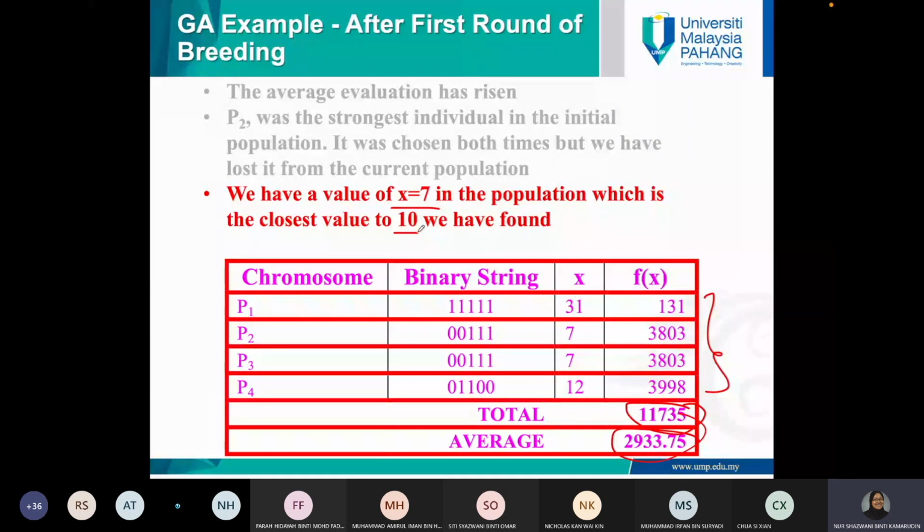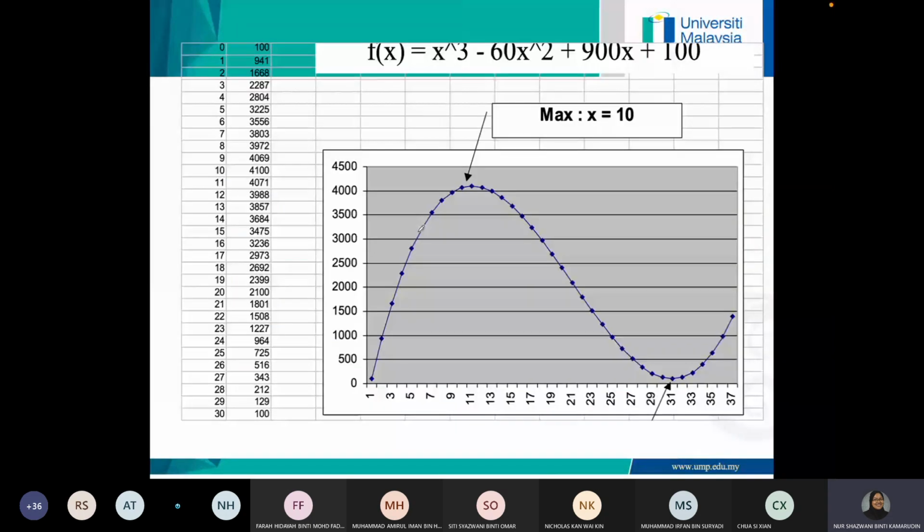Let's say you did it for each value, because earlier the condition was x is between 0 and 31. When you put the value of x = 0 in this function, you get 100. You put 1, you get 941.